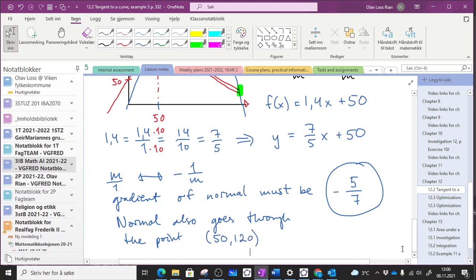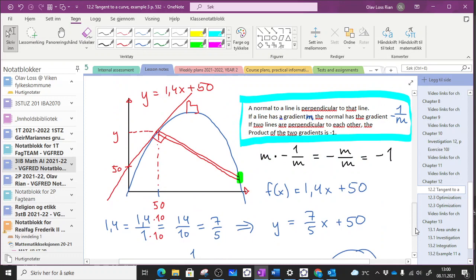We can see that from the sketch. So that's that point up here. Yeah. So this is the point 50, 120, and we're interested in this point here. But now we have a gradient. It's minus 5 divided by 7. And we also know that this normal goes through this point here.